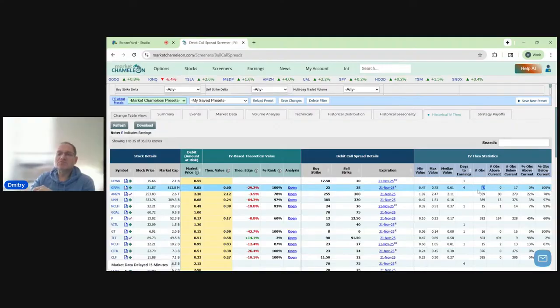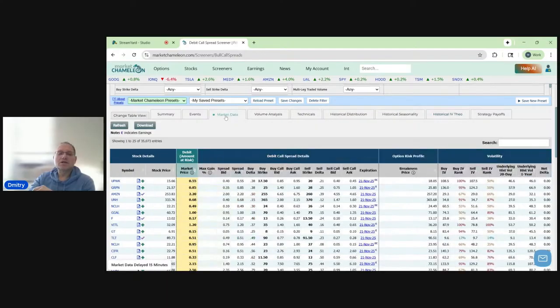We have 17 observations here. So let's take a look at the market one more time. Here's the market. The other thing is that the bid and ask is 35 cents, 85 cents. So that's an important thing to understand also, that this is a wide market.